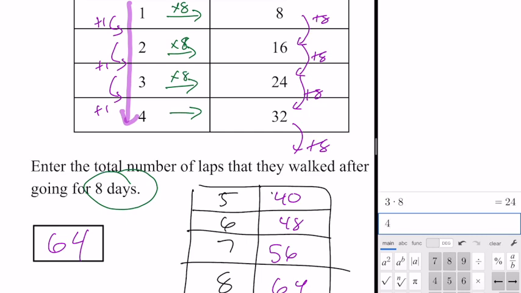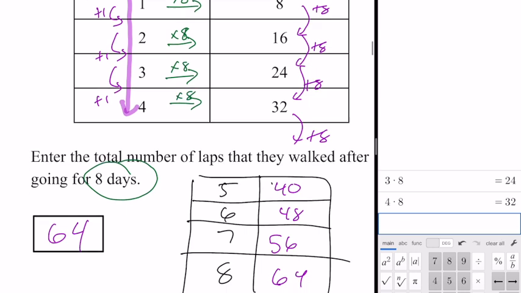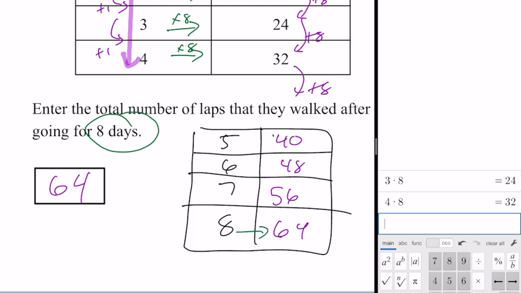Then 4 times 8 is 32. So those work out. So instead of doing plus 8 plus 8 plus 8, I could have just said 8 times 8 equals 64. So again, 2 different ways to do it. And if you've already done the other quiz, you're going to see very similar style of problems, okay?